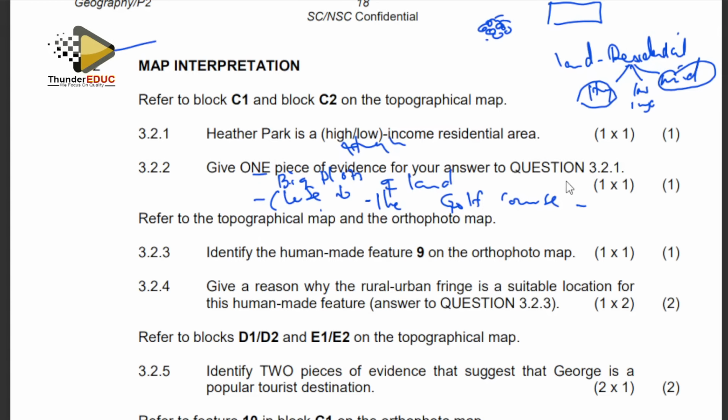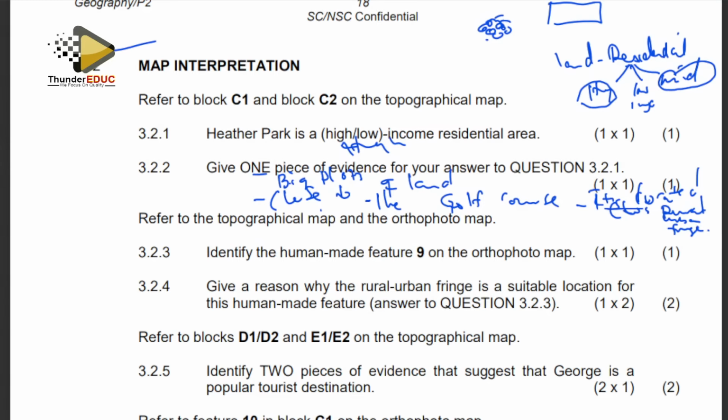So you find that the people who are rich are the ones that go that other side next to a golf course. So you can also give another evidence as it is located within the rural urban fringe. So in that sense, you'll get all your marks.